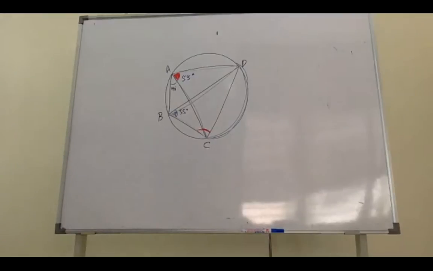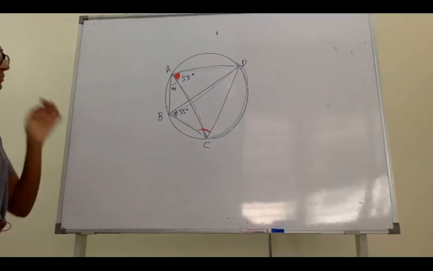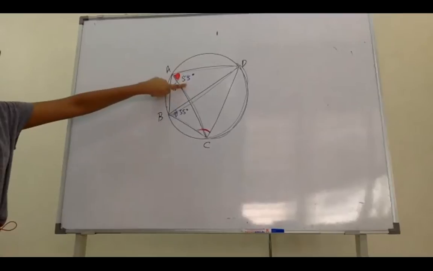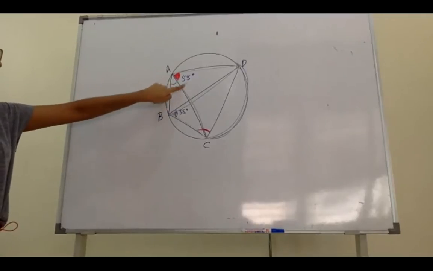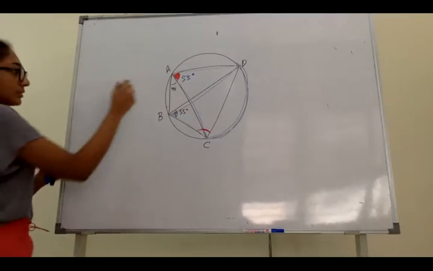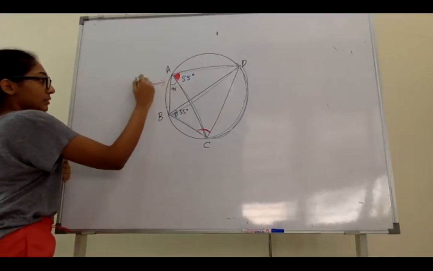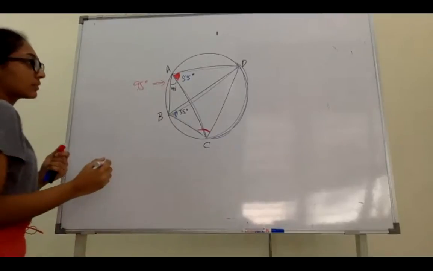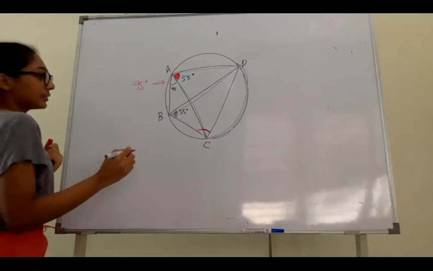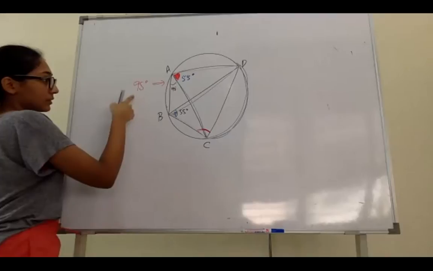In the previous one we learned angle DAC is 55. So 40 plus 55 is 95. If you want to find the whole angle at C, you can use the formula that opposite angles in a cyclic quadrilateral add up to 180 degrees. So 180 minus 95 gives you 85.